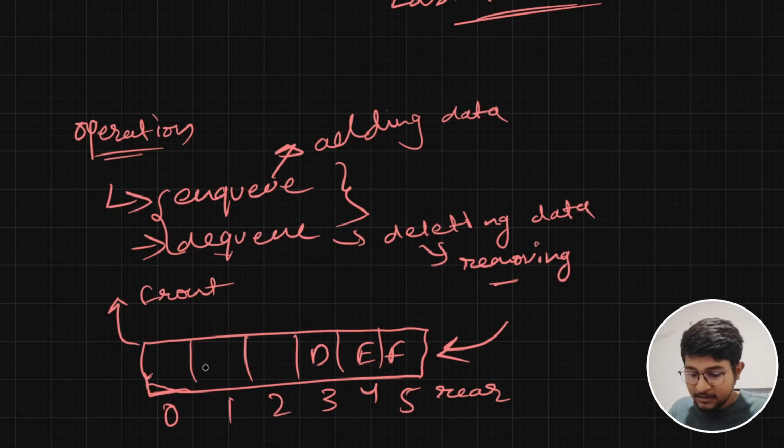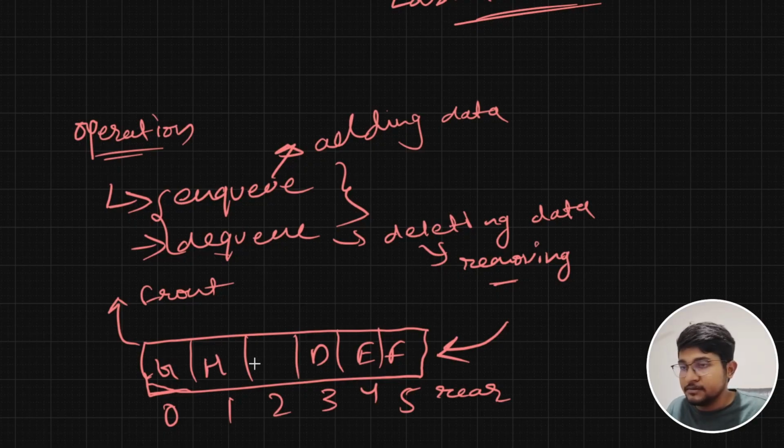These spaces are going unused, therefore we have the circular queue. In a circular queue, it calculates the length, and if you want to put a new value, let's say g, it will put g here rather than swapping and shifting.